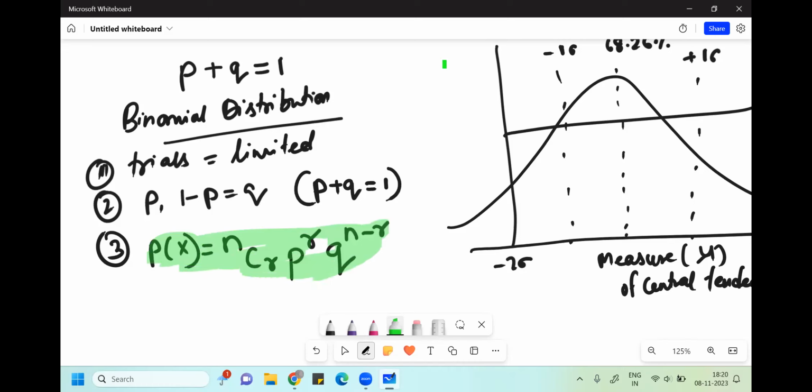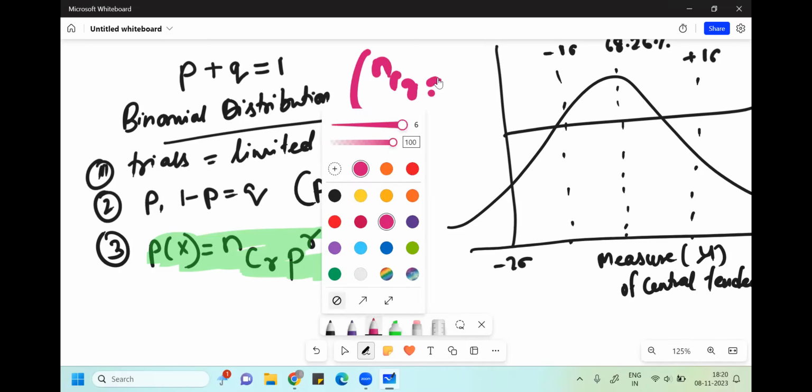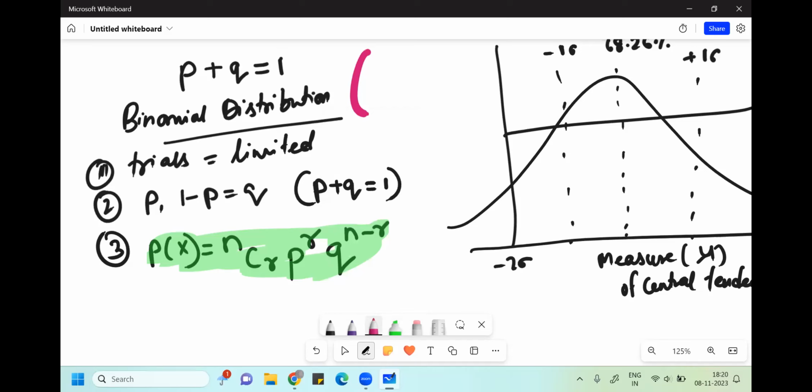So what is nCr? I hope everyone knows what nCr and nPr are. The nCr formula is nCr equal to n factorial divided by r factorial into n minus r factorial.